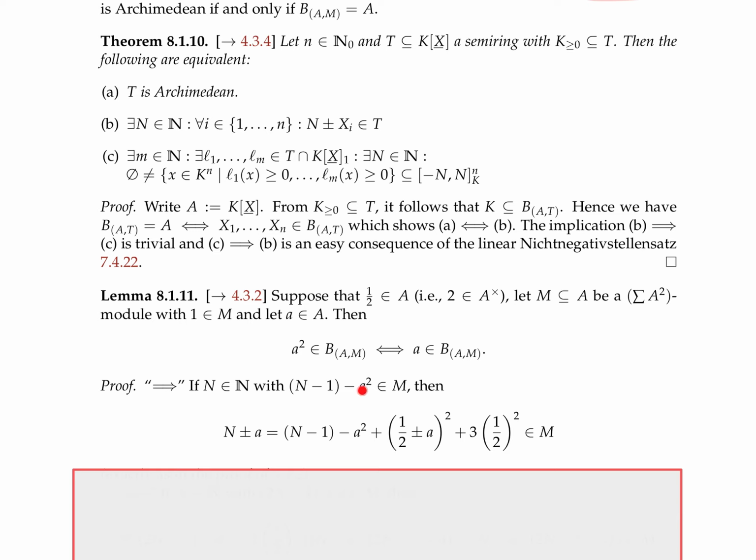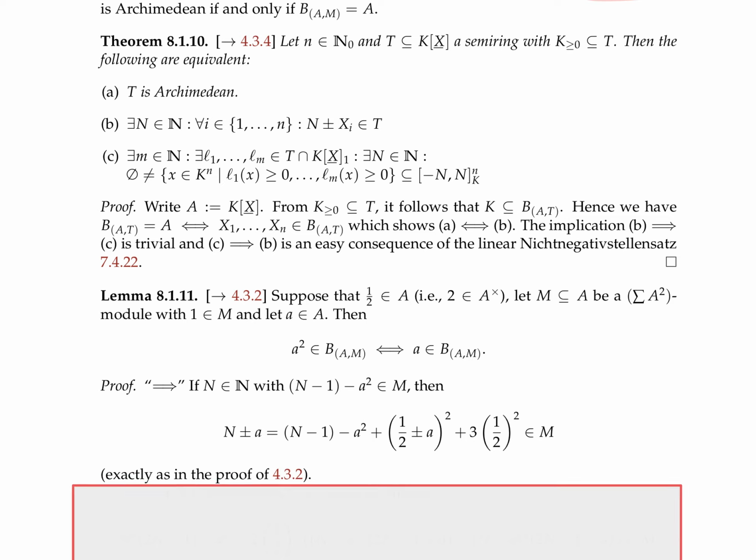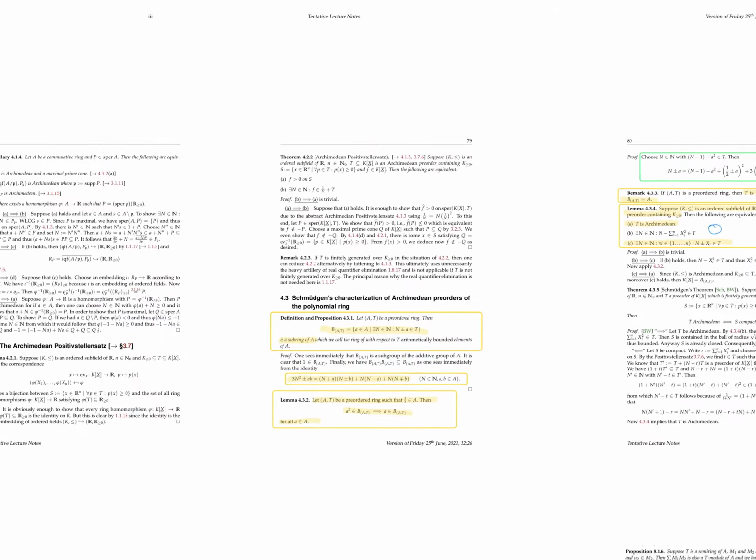But if I have this, I can find such a positive integer, and a squared is arithmetically bounded with respect to M. When I want to show that a is arithmetically bounded, that's exactly as in the proof of 432. So let's look at that proof again.